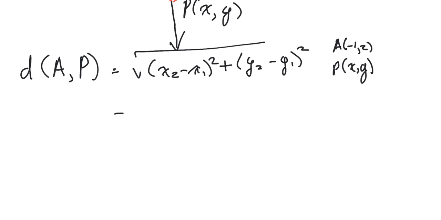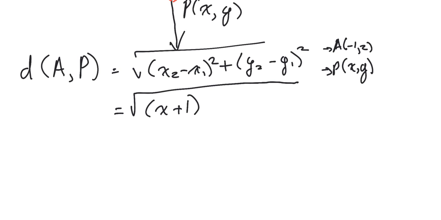All right, so let's substitute directly in. This is x2, this is x1. So now when we substitute, you're going to get the square root of x plus 1 squared plus y minus 2 all squared.